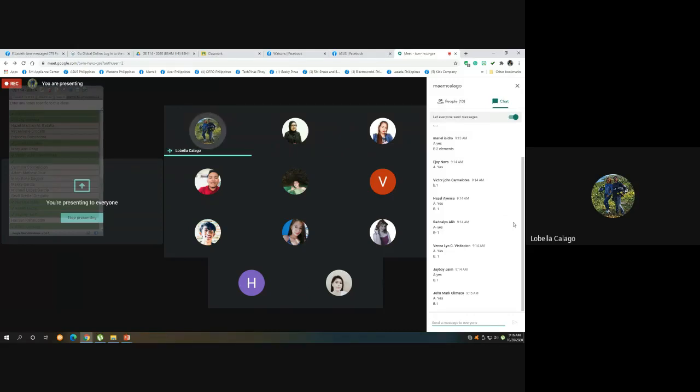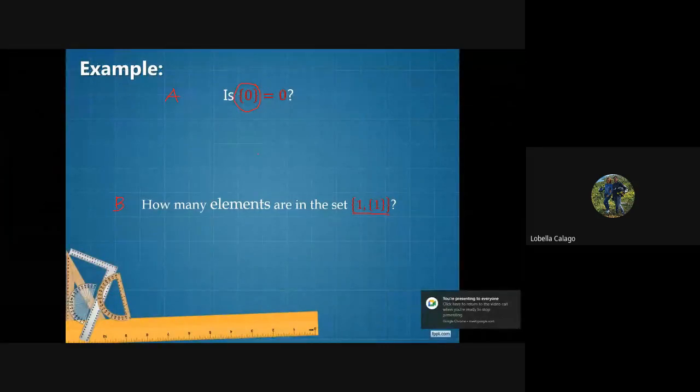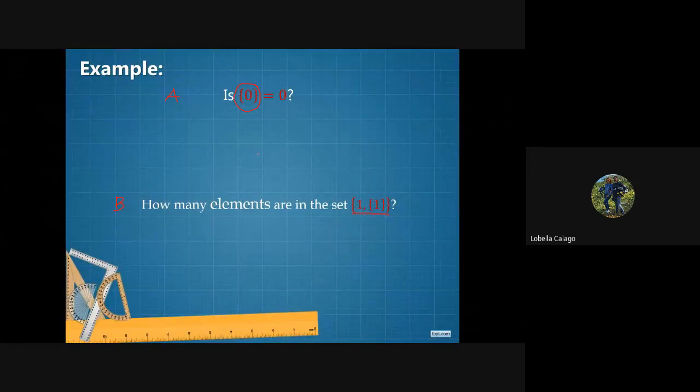Okay, so for the answer of our seat work: is the set {0} equivalent to 0? The answer is no. Who answered no? Why is the answer no? The set {0} is not equivalent to 0. This is a set, while the other one is just a number, the number 0.